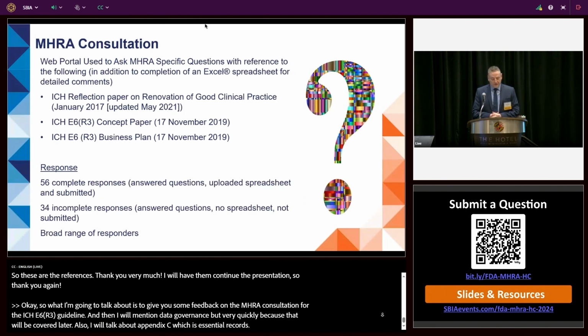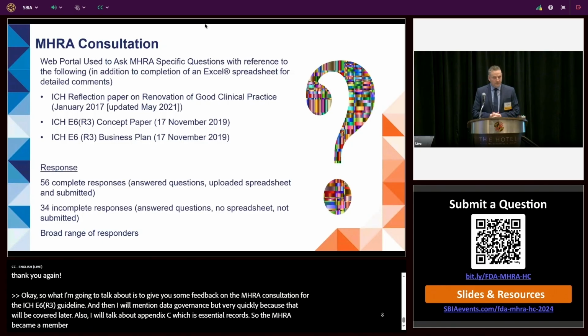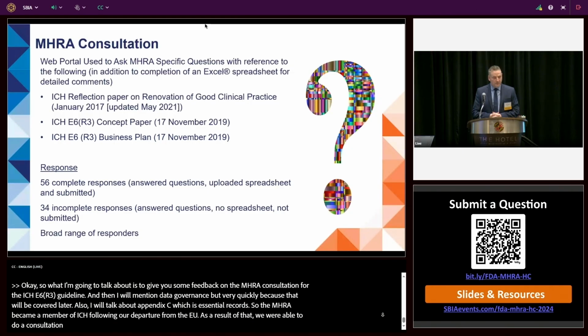The MHRA became a member of ICH following our departure from the EU. And as a result of that, we were able to do a consultation as an ICH region in the summer last year on the E6 guideline.